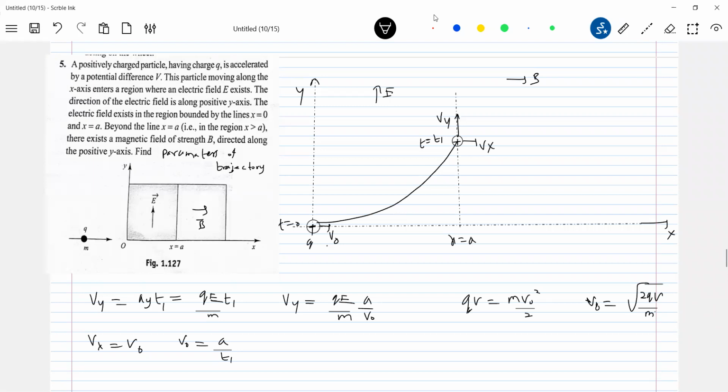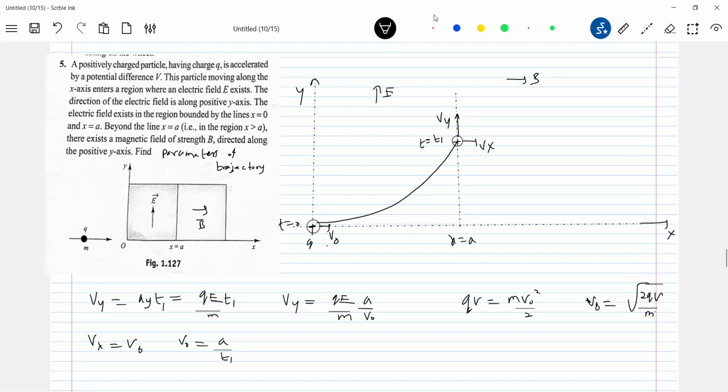This will be the relation, where V is the potential difference. So look at the particle: a positively charged particle having charge q is accelerated by a potential difference V. So when it gets accelerated by potential difference V, it will acquire kinetic energy. That is what I assumed. So later we will replace all that.